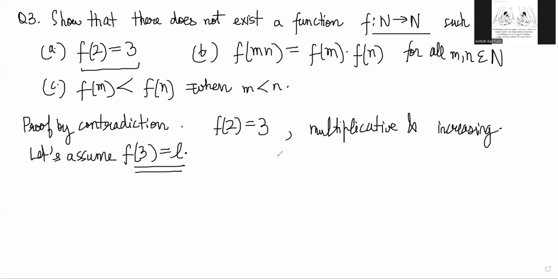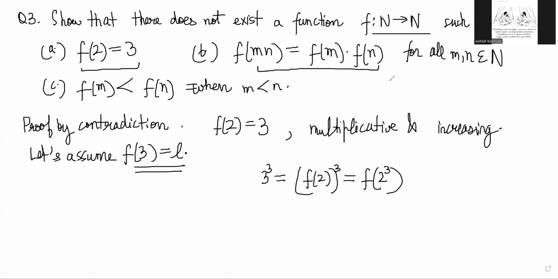Now, if you think about it, what is 3 power 3? f of 3 power 3 is going to be f of 3 whole to the power 3, that is equal to f of 3 power 3 because of this multiplicative condition. But 2 power 3 is 8 and 2 power 3 is less than 3 power 2, because we know f of 8 is less than f of 9 by the increasing condition.